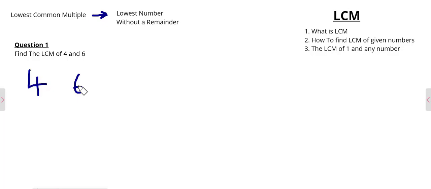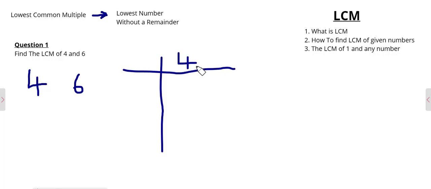So we go again with the same method with which we arrived at the LCM of our previous example. We come with our divisor line, and then we have 4 and 6, like so. First we want to divide 4 and 6.